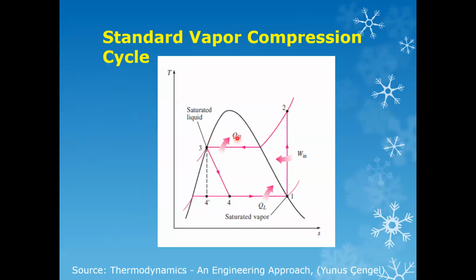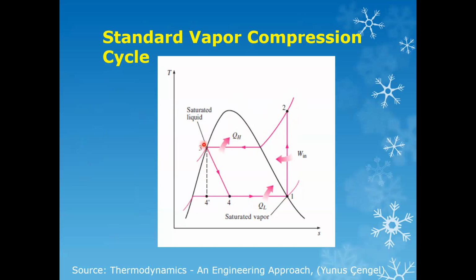And this is how it looks on a TS diagram. Our compression now begins with a saturated vapor and ends with a superheated vapor. Then this happens at constant pressure. The condensing part releases QH.